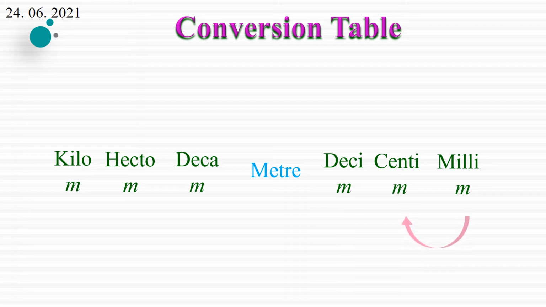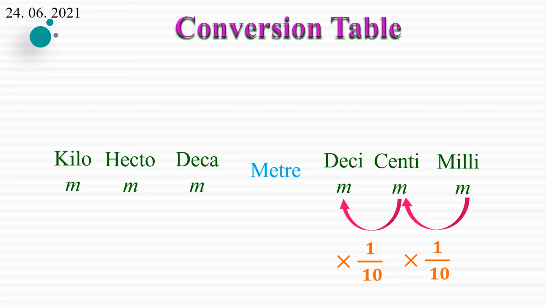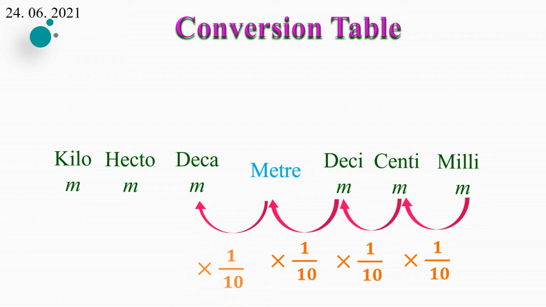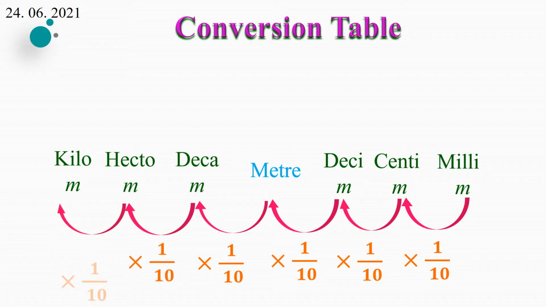While moving from the smallest unit to a larger unit, for each step of unit, multiply by 1 by 10. Millimeter to centimeter, multiply by 1 by 10. Centimeter to decimeter, decimeter to meter, meter to decameter, decameter to hectometer, hectometer to kilometer, each multiply by 1 by 10.